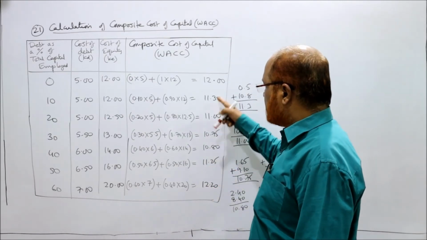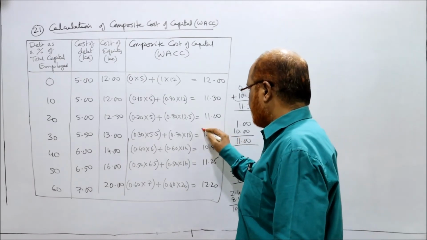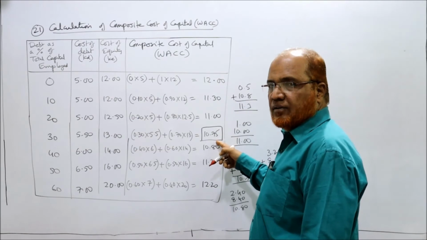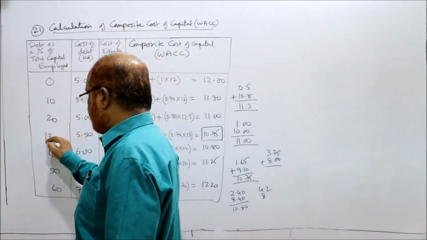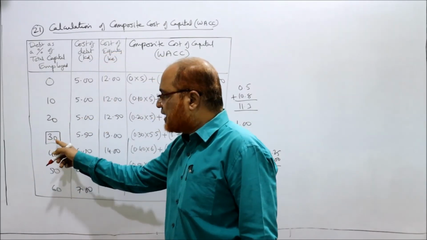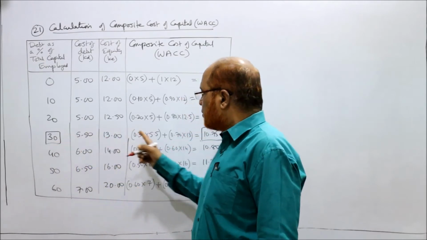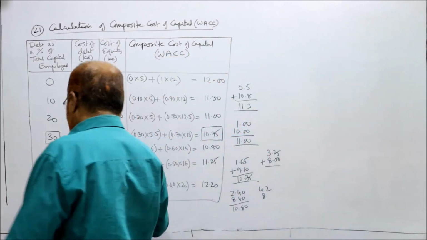Which is the lowest? 10.75 is the lowest. For which debt equity mix do we have 10.75? 30% debt, 70% equity. If this is the debt equity mix, then WACC is the lowest, 10.75.